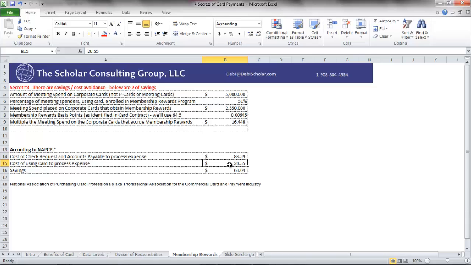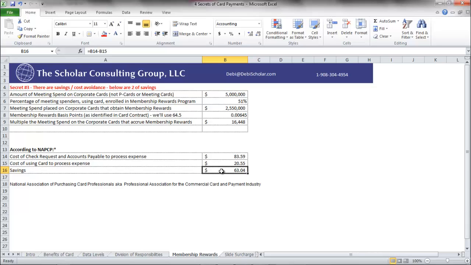In contrast, if we use a card to process an expense, there are only 7 to 10 steps generally that might be used, and the cost to process it is $20.55. Again, thereabouts. The savings that we can recognize is about $63 per transaction.